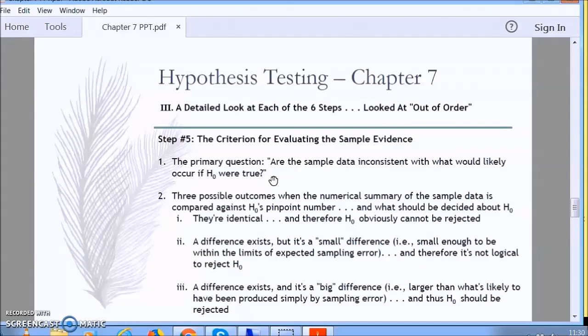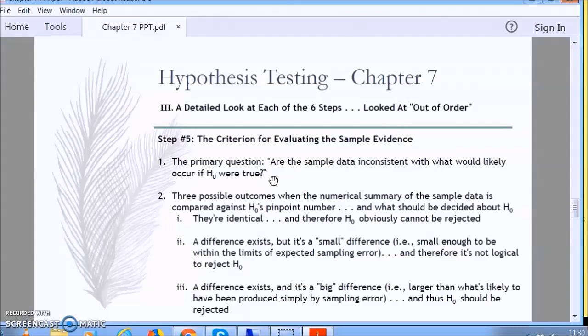The decision is that if the p-value is equal to or smaller than the criteria, then the sample is viewed as being inconsistent with the null hypothesis, and if the p-value is larger than the criteria, then the data is looked at as being consistent with the null hypothesis.